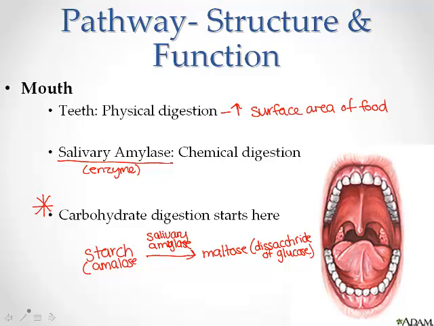And later in our digestive tract, maltose is going to be broken into glucose. So we have our moistened food. The food is moistened with our saliva, and this is now called a bolus. And our tongue is going to move our bolus to the back of our mouths to be swallowed. Swallowing on the next slide.